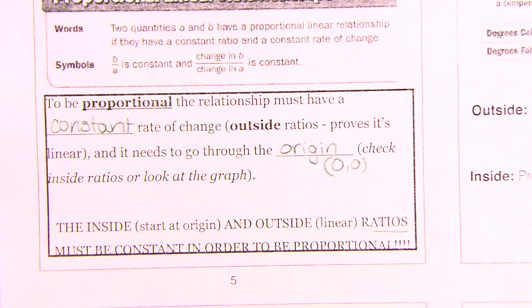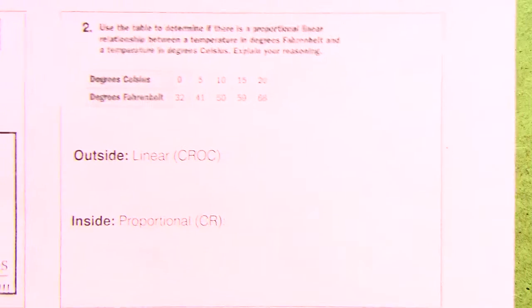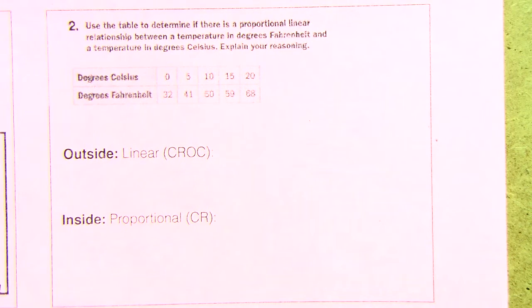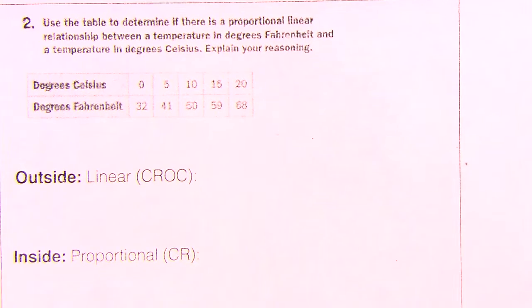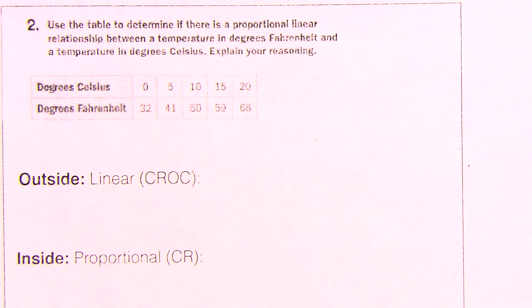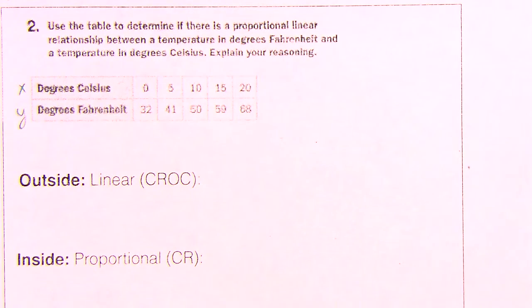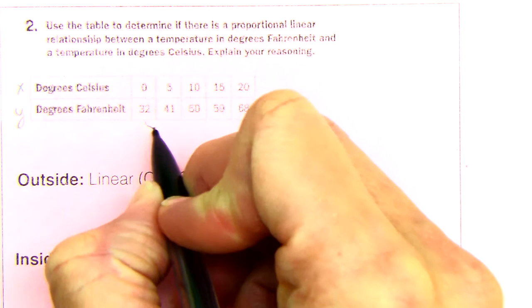So let me show you what that looks like if we're looking at a table and not just a line on a graph. Okay, first of all, we're looking at the degrees Celsius and degrees Fahrenheit. Remember, this is the X and this is the Y. So is it linear? Well, let's look.